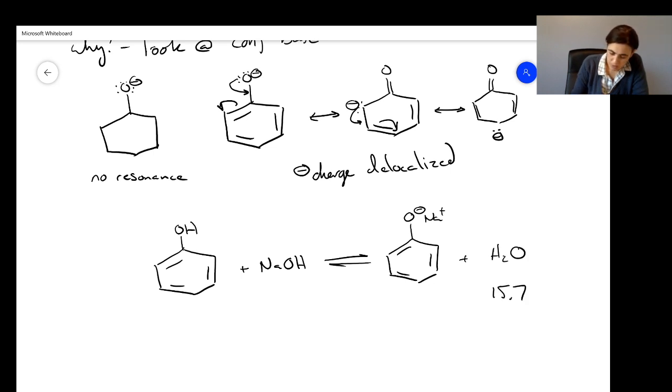If we compare the pKa's now, notice that this reaction has turned from something that's almost equal on both sides to something where the product has a much more favorable state, right?